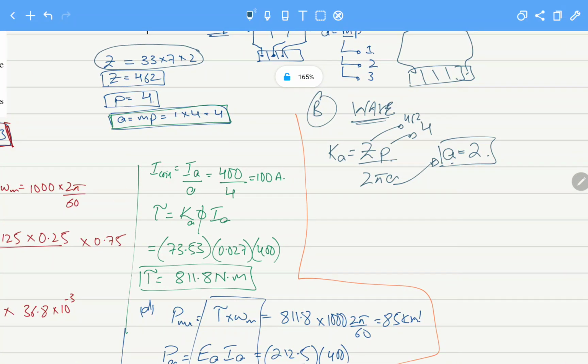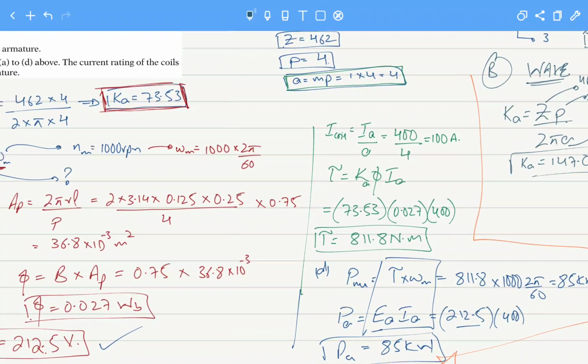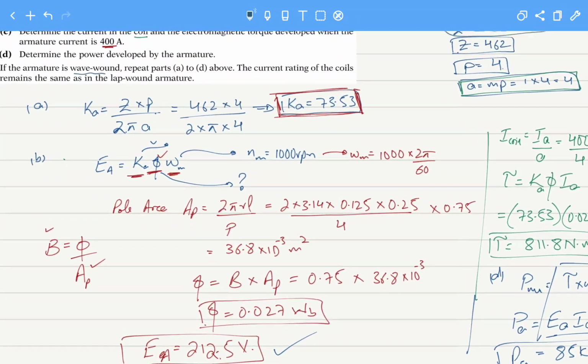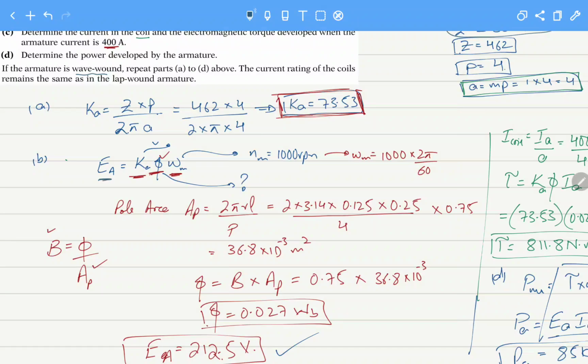So for this scenario, the value of the machine constant changes and it will be 147.06, because the construction is different, so the machine constant is different. Rest all the things that we have done will be the same. For example, we calculate the internally generated voltage.